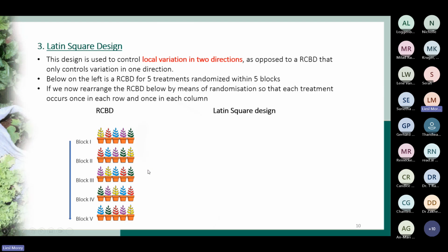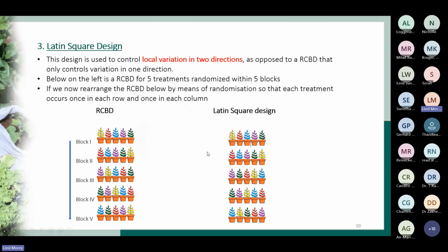If we now rearrange this randomized complete block design so that each treatment occurs once in a row and once in a column, and you can verify that, you can see in yellow, all our treatments are in this row and all our treatments are in the first column. So then we say we can control variation in 2 directions.